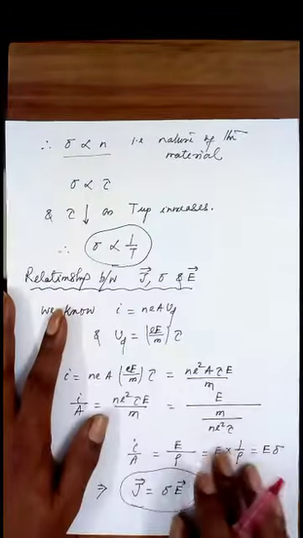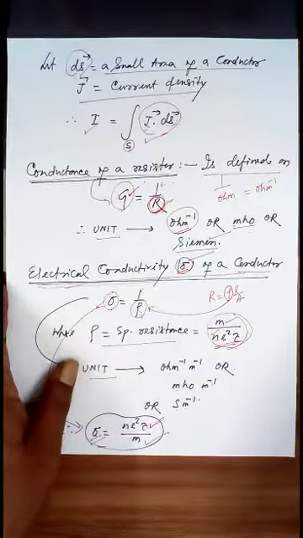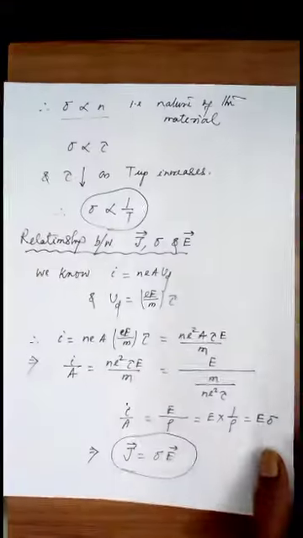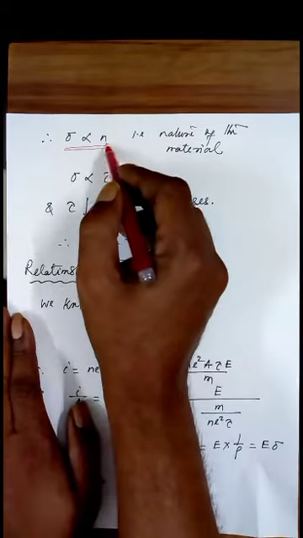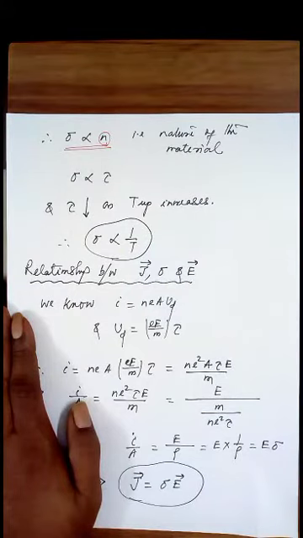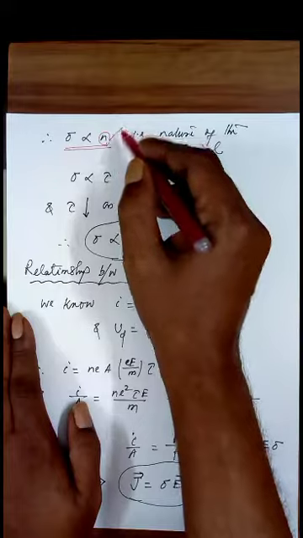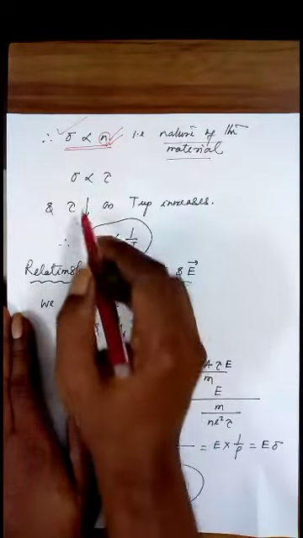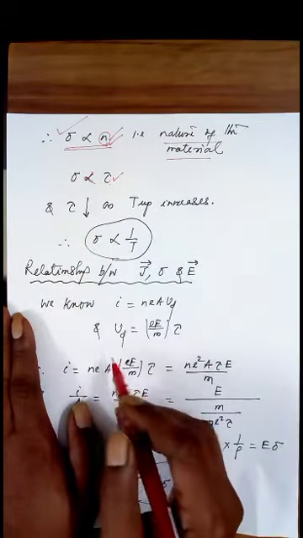I think this picture was not clear in the video, so let me put it up for a few seconds. Sigma is proportional to n, where n is the number of electrons per unit volume of the conductor. For different materials, n is different: for iron n is different, for copper n is different, so it depends on the nature of the material. Sigma is proportional to tau, because tau is in the numerator.